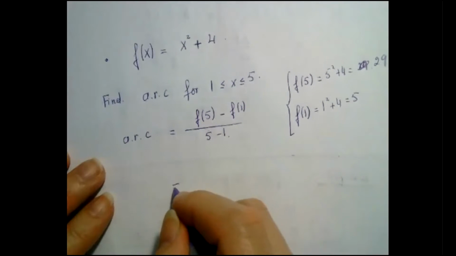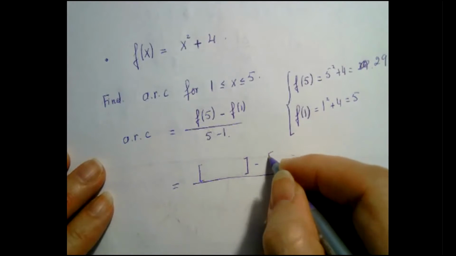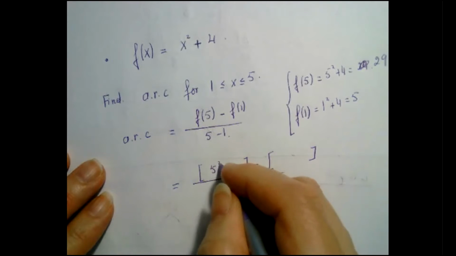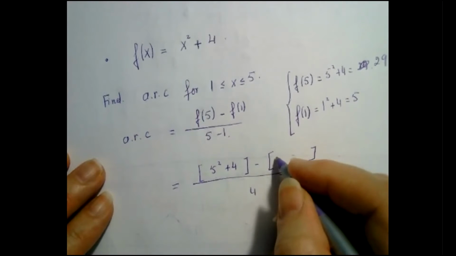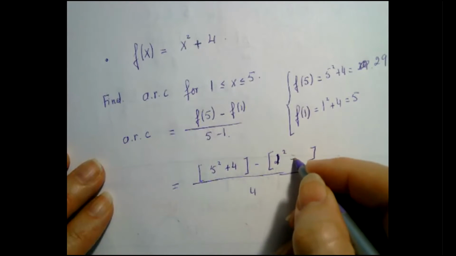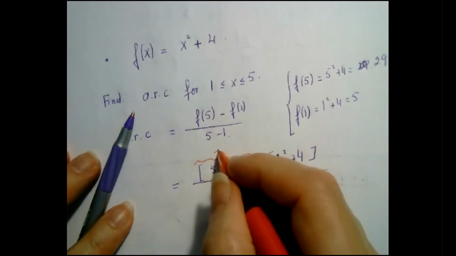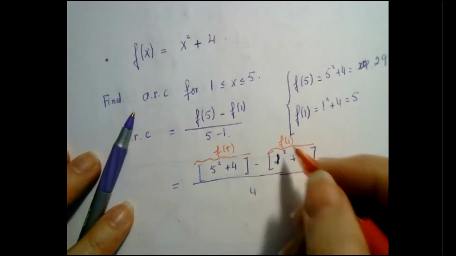So f of 5 is, if you want, I rewrite what I wrote: 5 squared plus 4. It's just applying the formula, nothing really deeper than that. Minus 1 squared plus 4. That's the value at 5 and that's the value at 1.